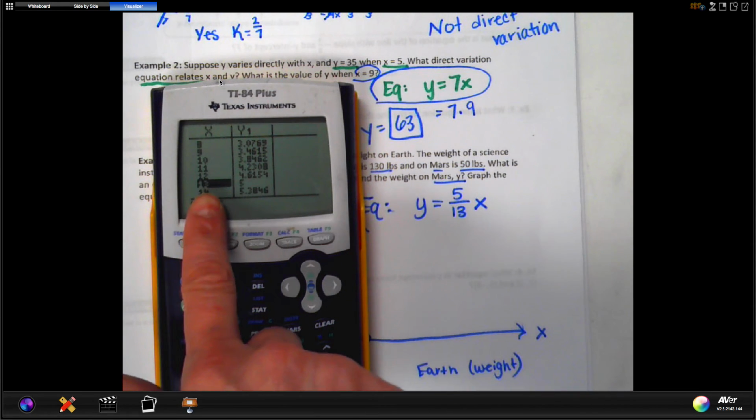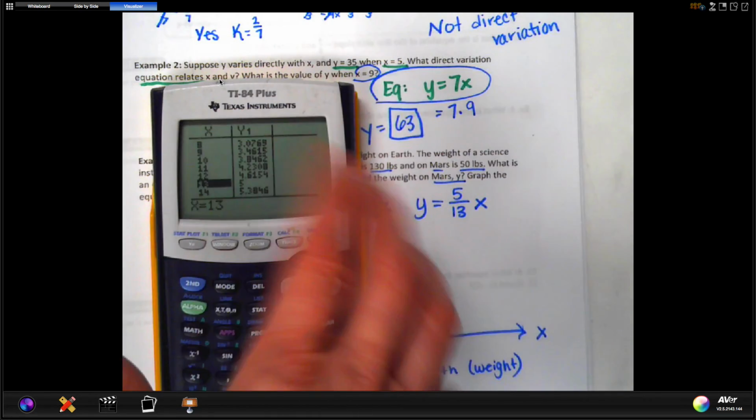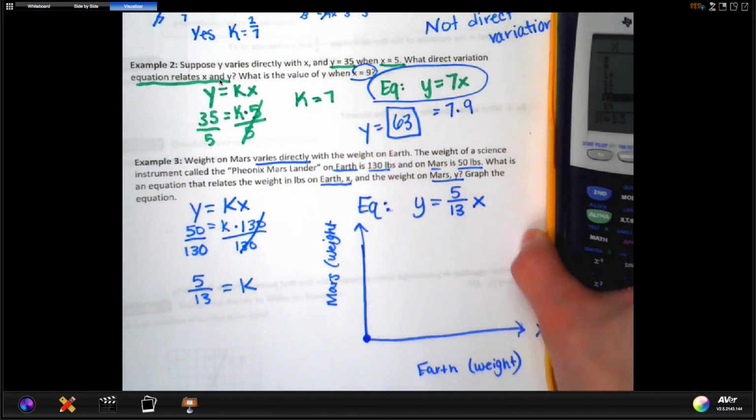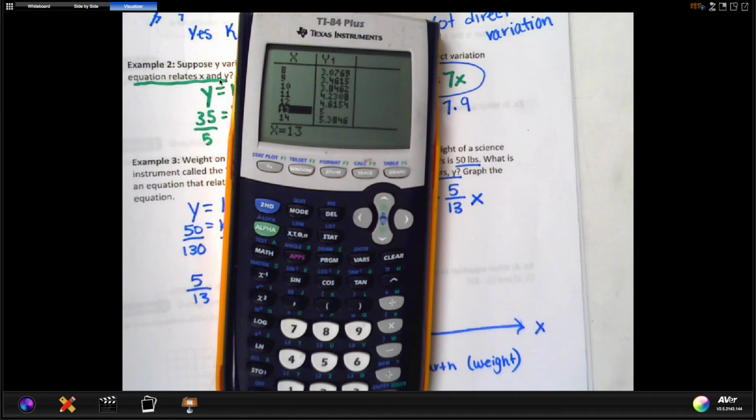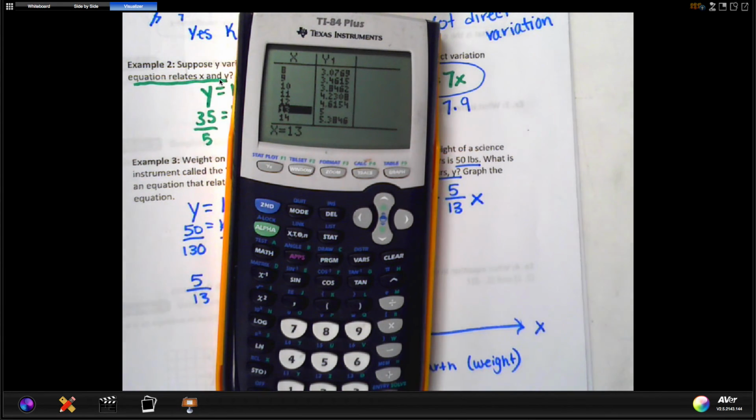So 13 pounds on Earth is equal to how many pounds on Mars? 5. So this is going to tell you the scale that you should go by. The x's, we're going to go by 13s. I know it sounds like a weird number, but every 13 is going to go up 5. It'll be nice and easy to graph, okay?